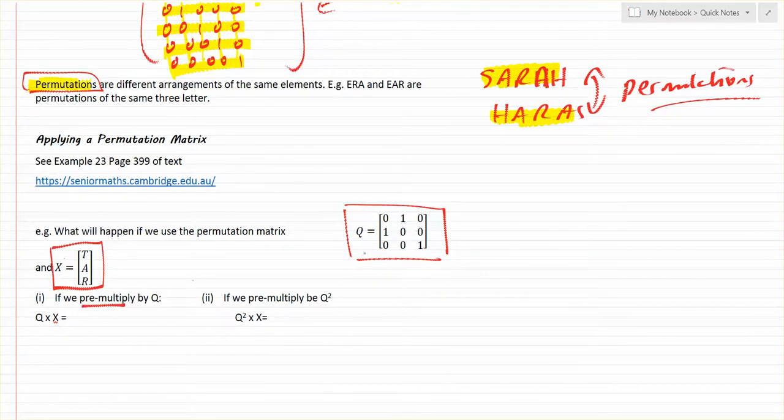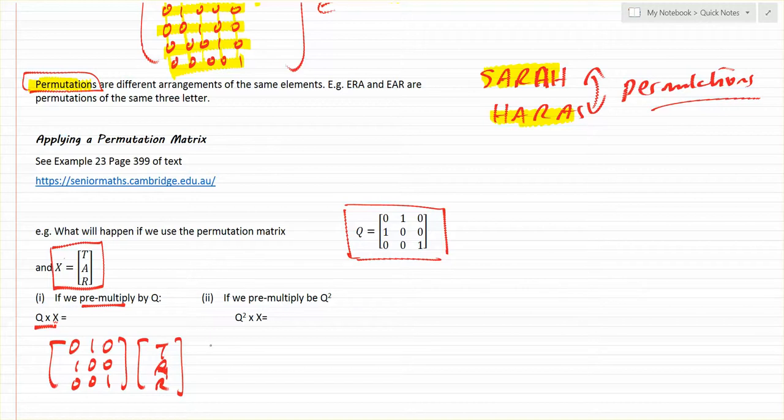Pre-multiply means we're doing it before, so Q comes before X, so we go Q times X. So if I want to multiply Q by X, so 0, 1, 0, 1, 0, 0, 0, 0, 1, and I'm multiplying by X, TAR. We're just treating this as numbers. This is a 3 by 3. This is a 3 by 1.